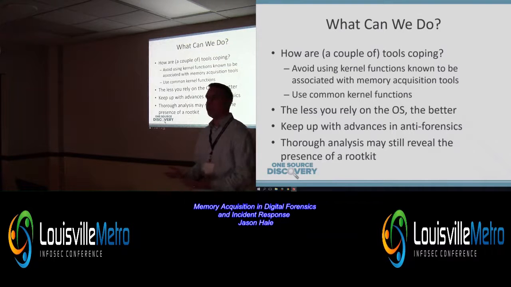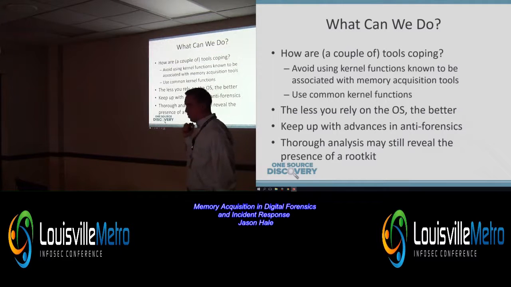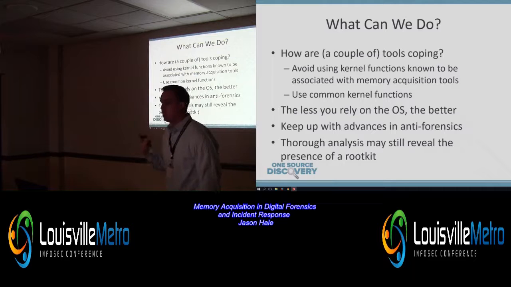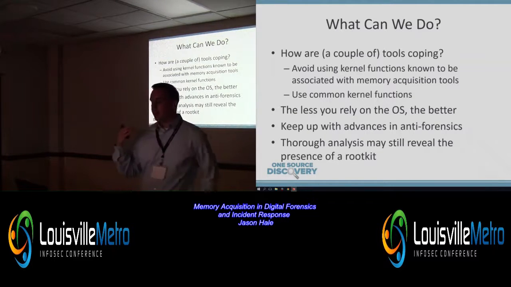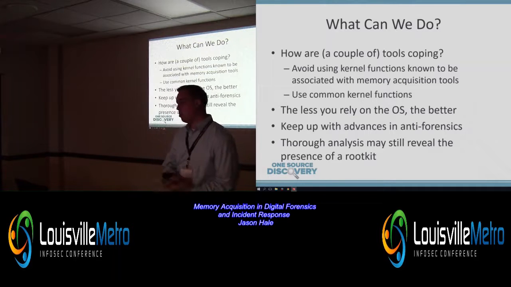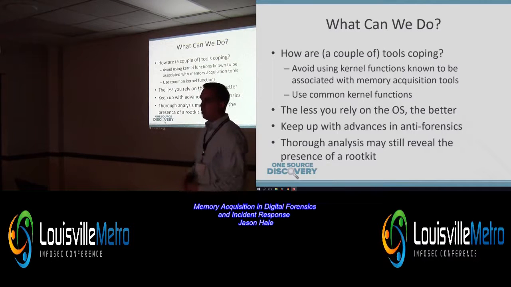And that's clearly not what you want. So using more common kernel APIs allows acquisition utilities to kind of hide in plain sight, and not allow malware authors and rootkits to pick out these acquisition utilities from everything else that's happening on the system.